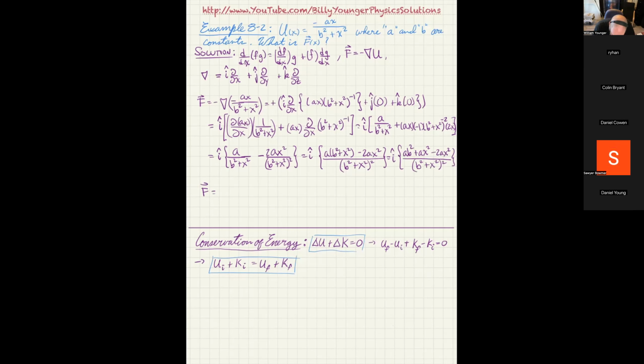So I'm going to call this a times b squared minus x squared over b squared plus x squared to the 2 power in the I hat direction. And that is the actual function, or the functional form, of the force. Anybody have any questions on that?